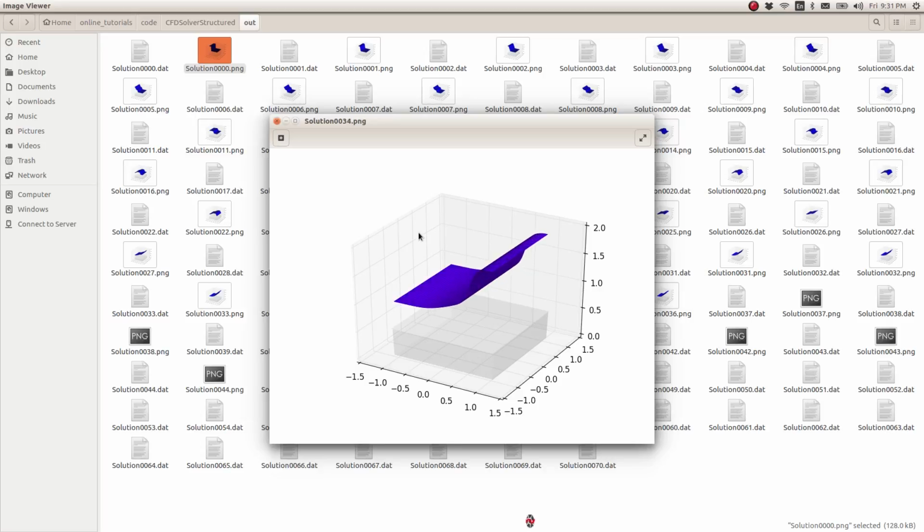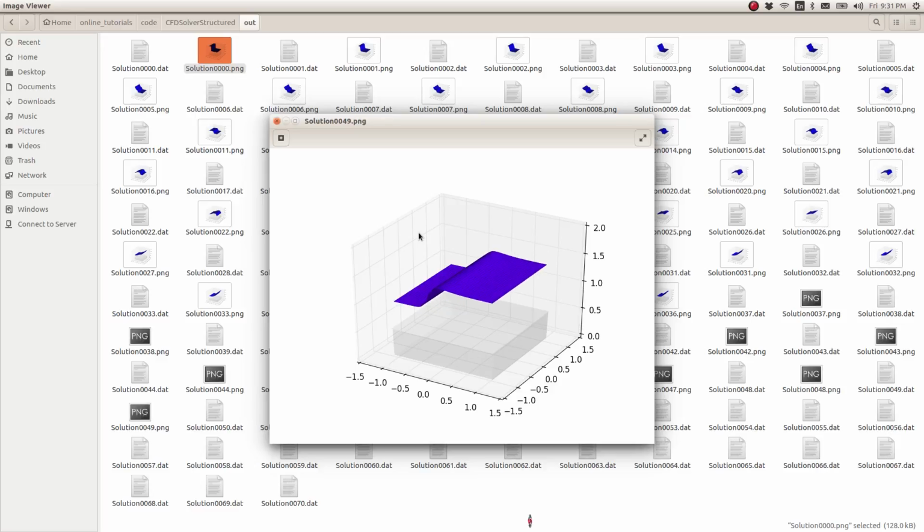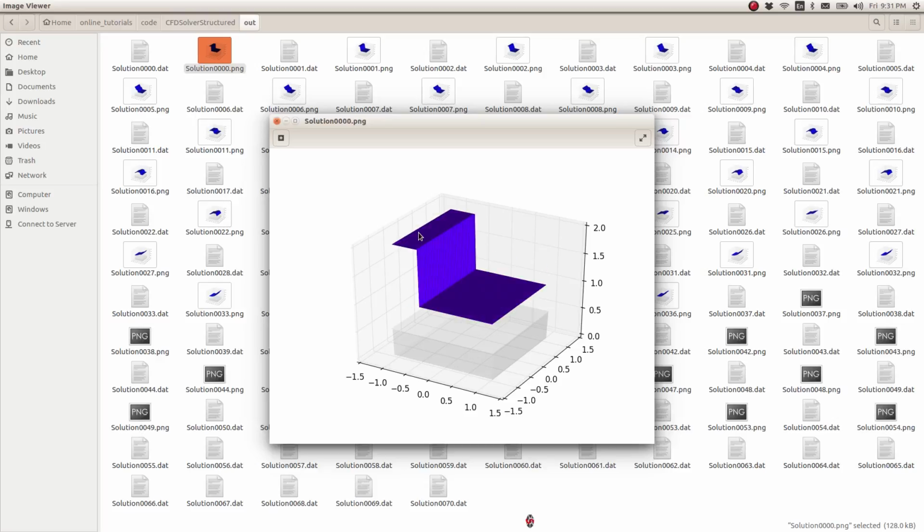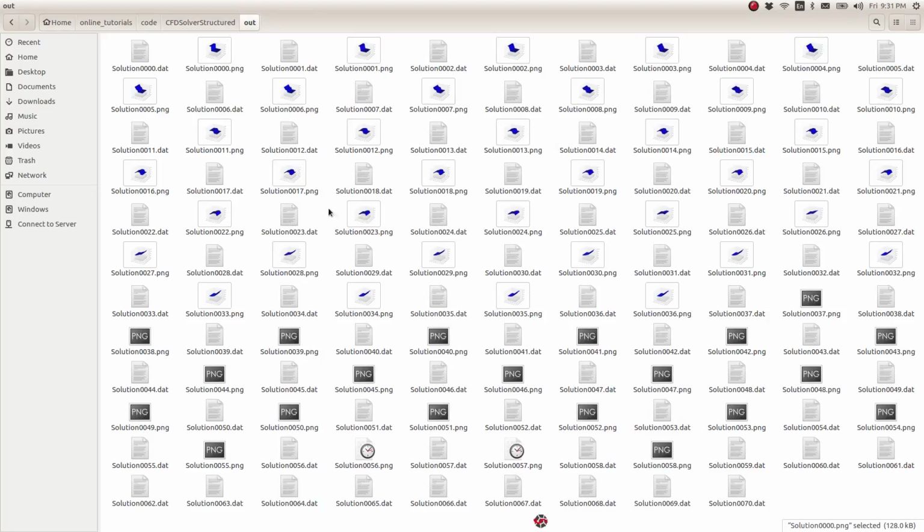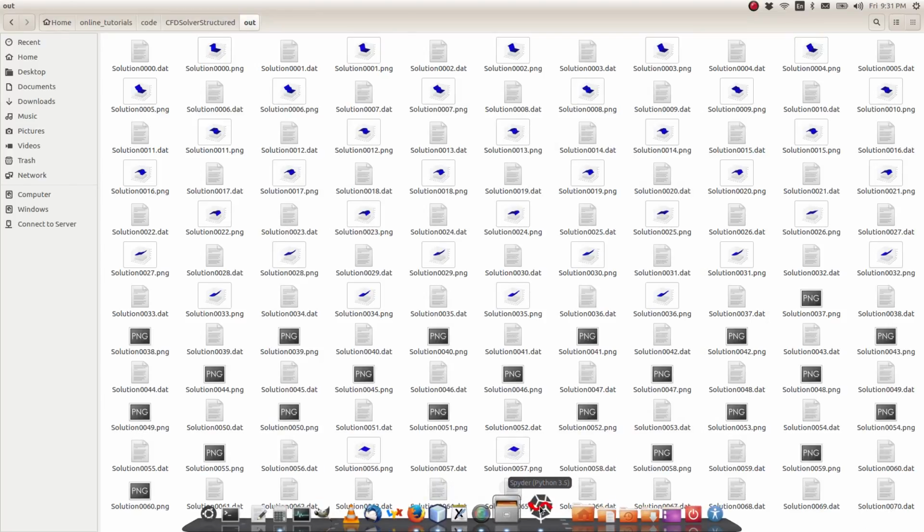It should raise height and it should come back and hit the right side wall. Oh, I think it's working fine. Looks like the wall boundary conditions, the reflecting boundary conditions, have been applied properly. So that's a very good news.